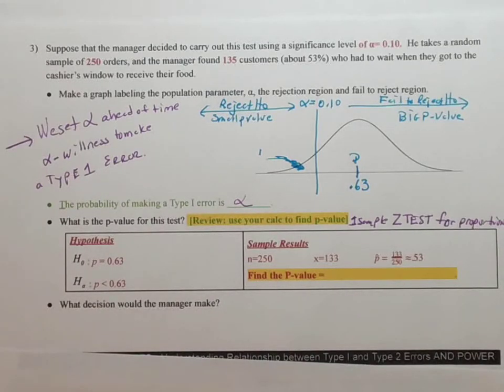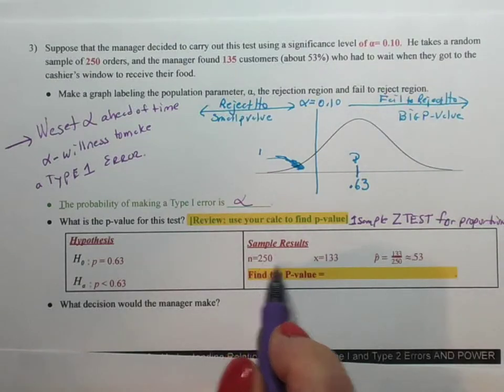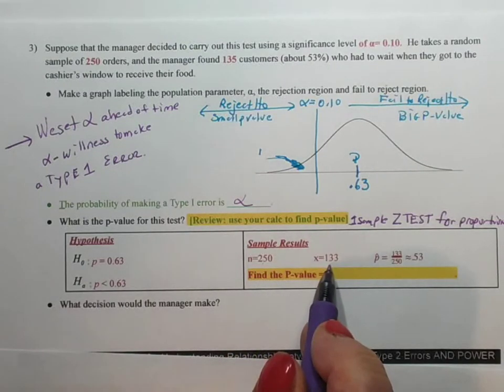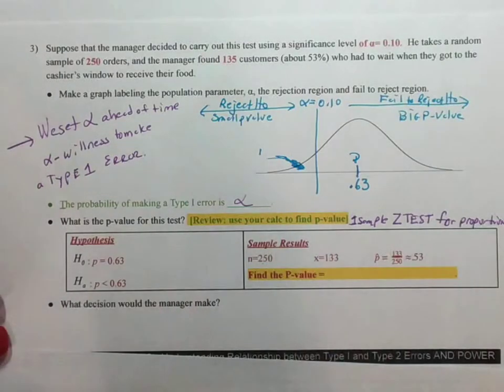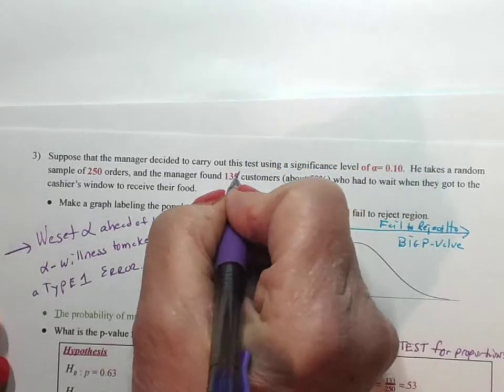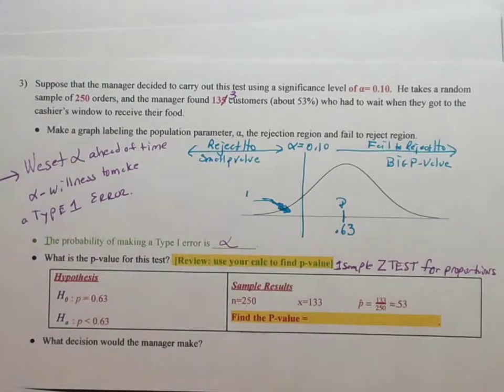All right. We were told the sample size was 250. Looks like it's a typo right here. Okay, this was a typo up here. This is 133. Here, 133 divided by 250.